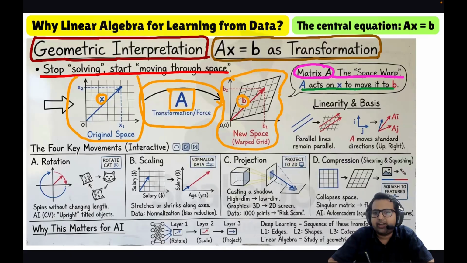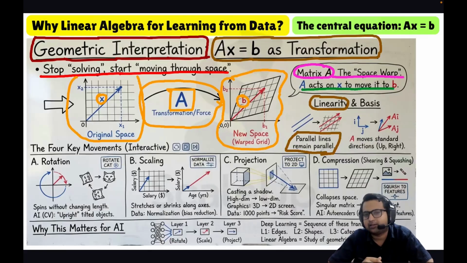The concept of linearity states that the origin always stays fixed and all parallel lines remain parallel after the movement. Linear transformations are those where the origin does not get shifted and all parallel lines stay parallel after transformation. That is linearity in transformations.